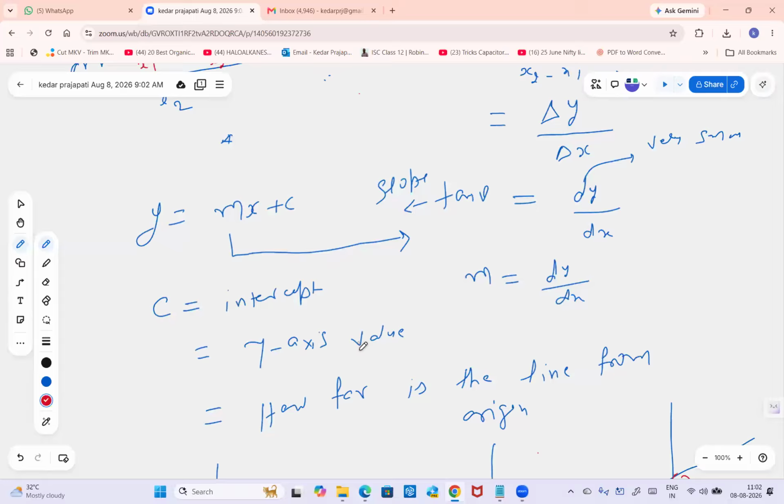Unseen values means new values. You'll give a new value, then only it will predict, because for all the values that are already there, we already have a price available. Prediction of unseen values is done using a machine learning algorithm.